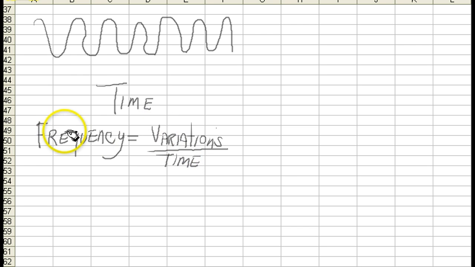We are describing how this wave changes. So let's count it. We have 1 variation, 2, 3, 4, 5, 6 variations. Say this time here was 1 second, we would say this thing changed 6 times per second.